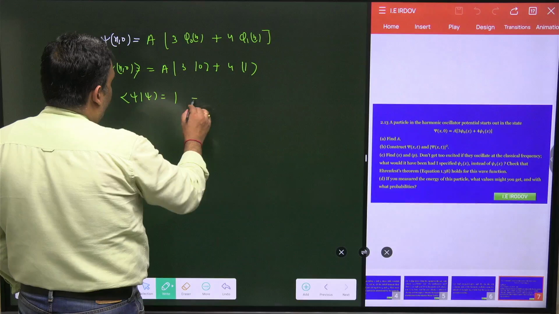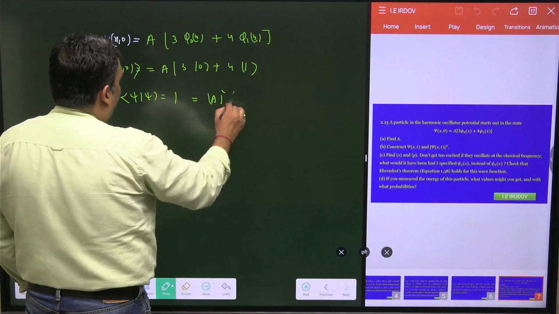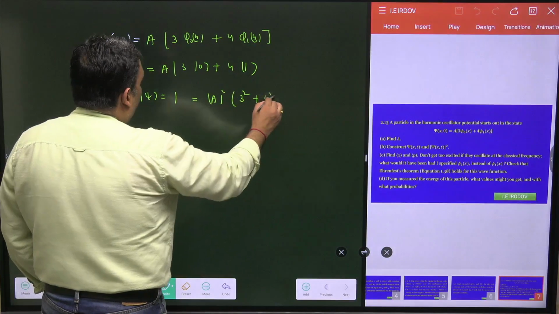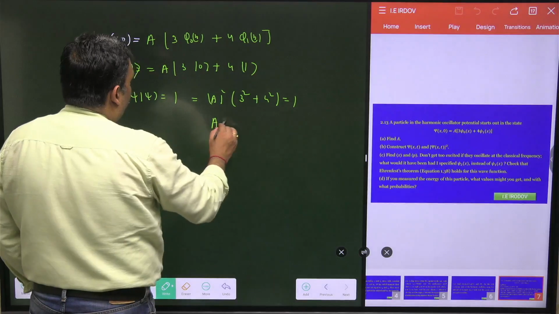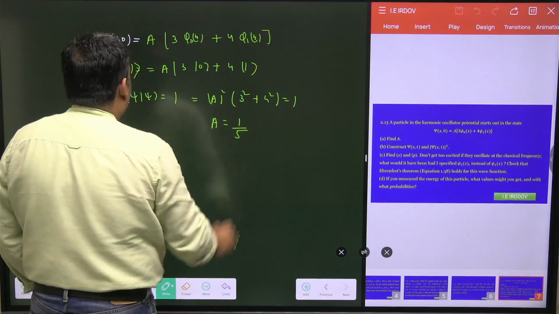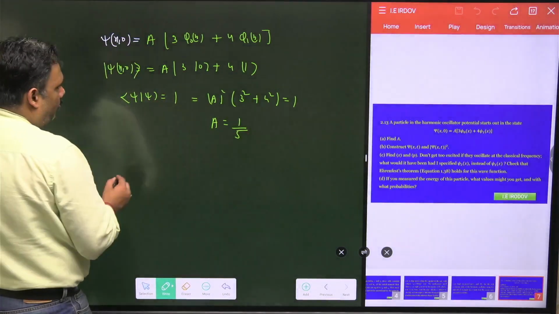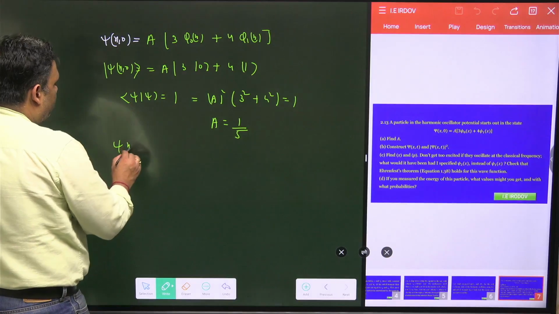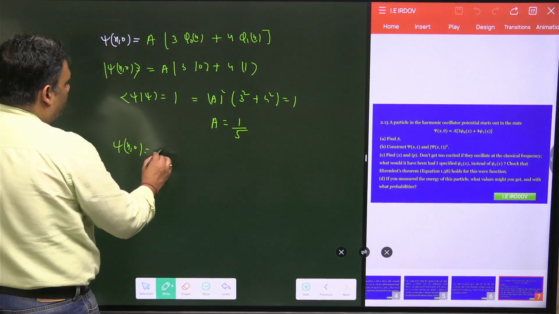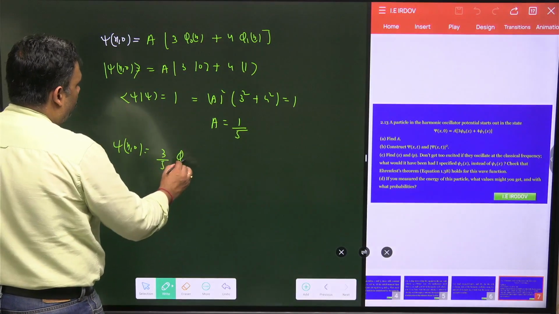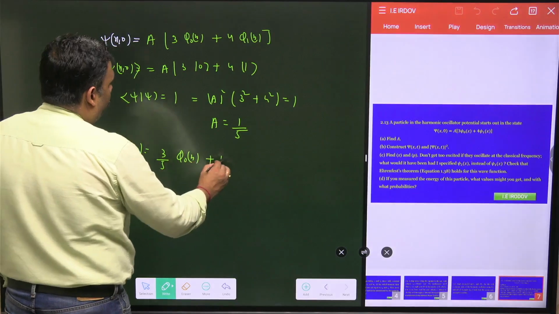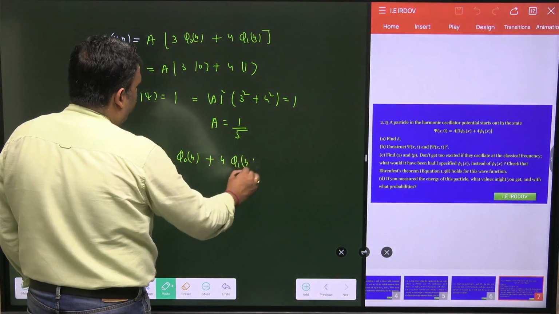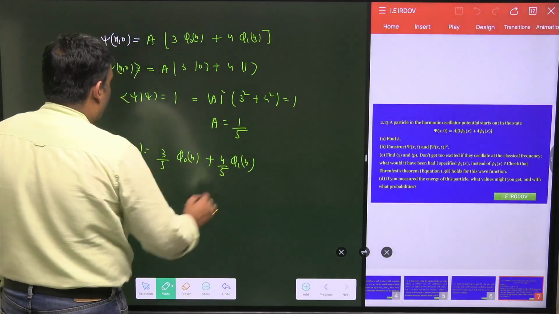So we have mod A squared, 3 squared plus 4 squared is equal to 1. So A must be 1 upon 5. If we are talking about the normalized function, then psi(x,0) is equal to 3 upon 5 phi 0(x) plus 4 upon 5 phi 1(x).